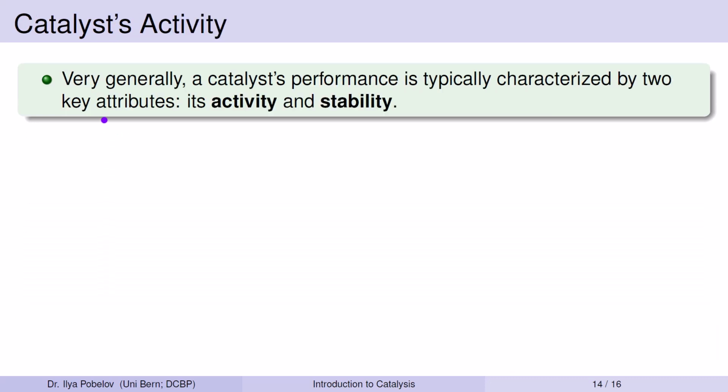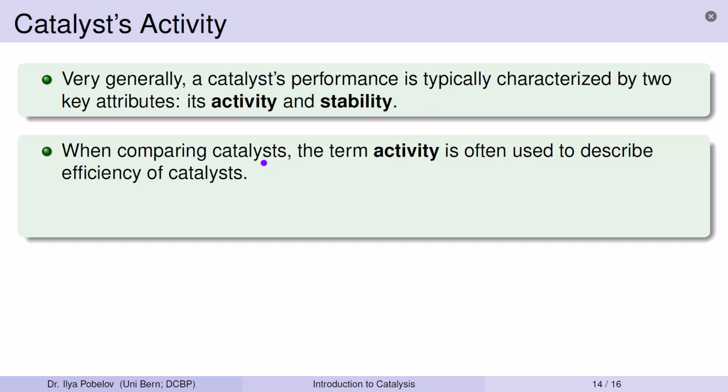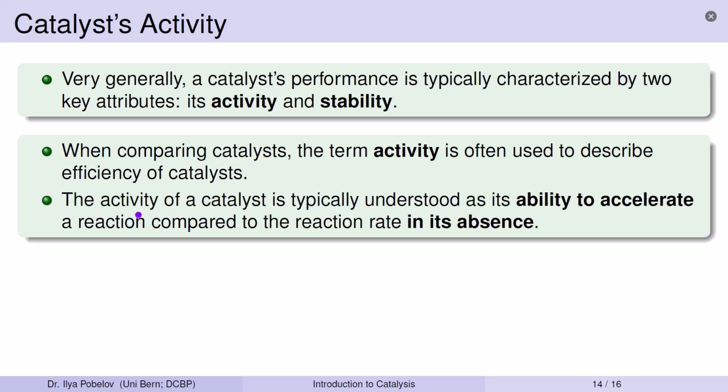Very generally, a catalyst's performance is typically characterized by two key attributes: its activity and stability. When comparing catalysts, the term activity is often used to describe their efficiency. The activity of a catalyst is typically understood as its ability to accelerate a reaction compared to the reaction rate in its absence.